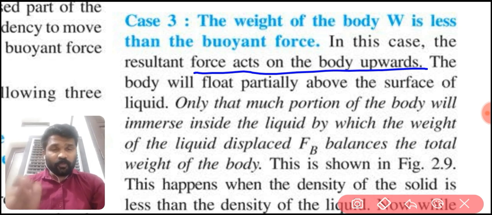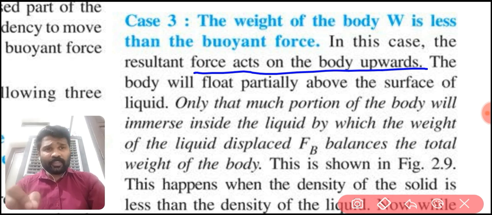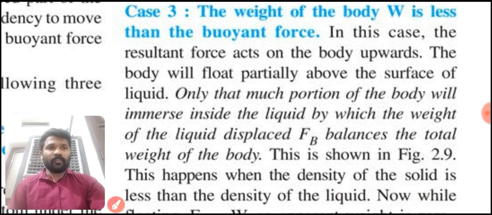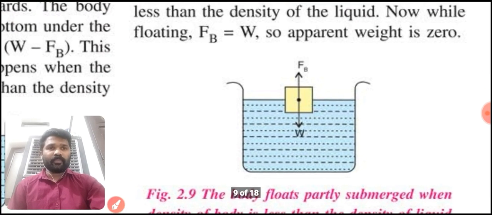The body will float partially above the surface of the liquid. Only that much portion of the body will be immersed by which the weight of the liquid displaced, FB, the buoyant force, balances the total weight of the body. This is shown in figure 2.9.